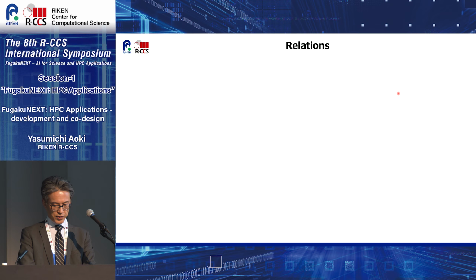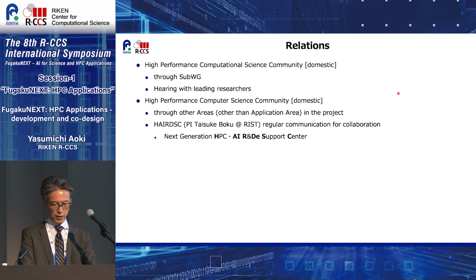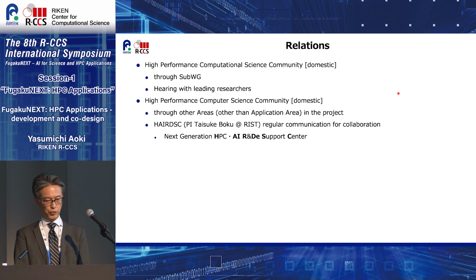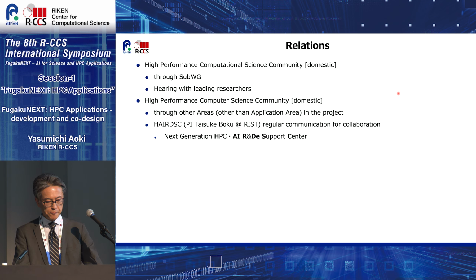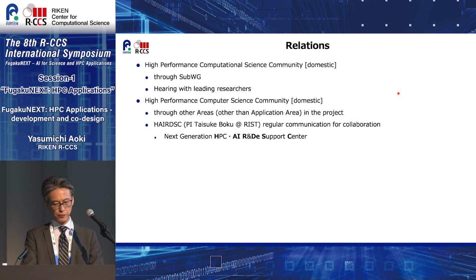Okay, I think my time is running out, but I will quickly go through these relations. Of course, the relation with the computational science community is important, mostly domestic. This is done through sub-working groups, and we also have a hearing session with the leading researchers in the community.